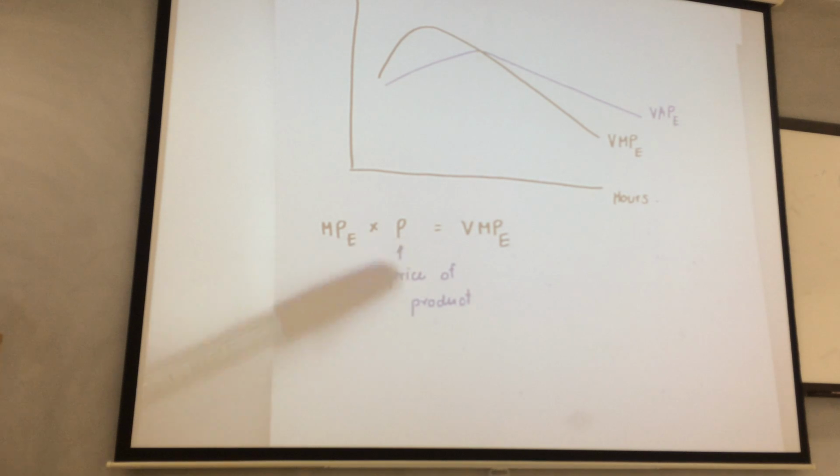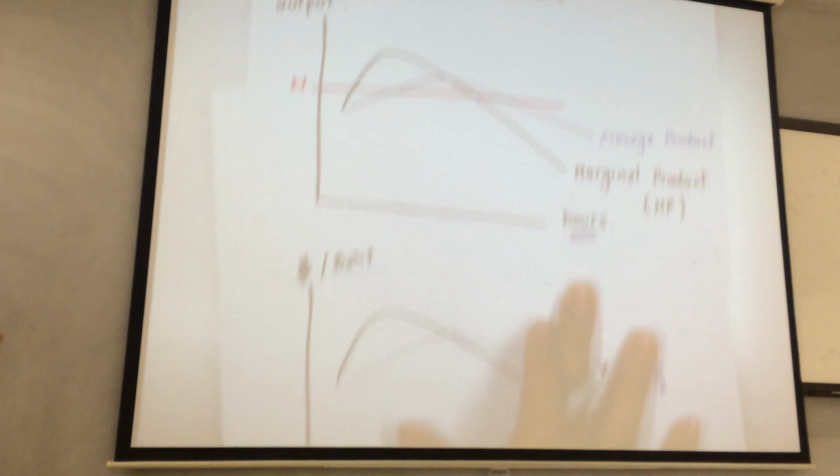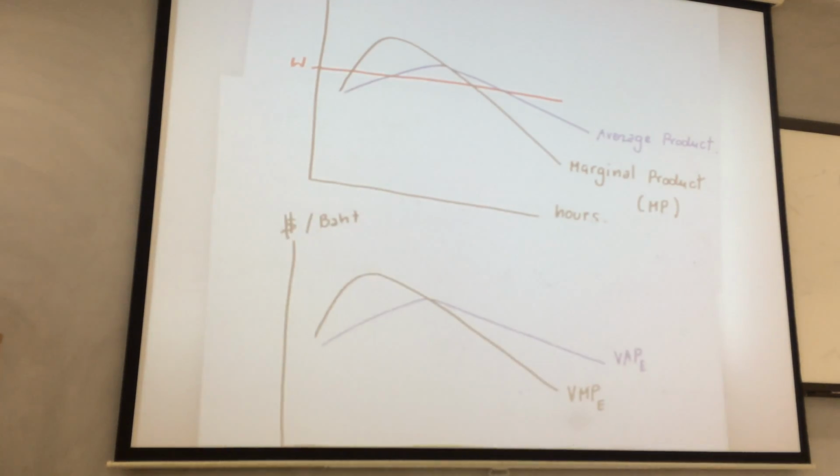So P is the price of the product. You multiply the marginal product, the additional contribution of employment to the production, with the price of the product, and you end up with the value of marginal product of labor.